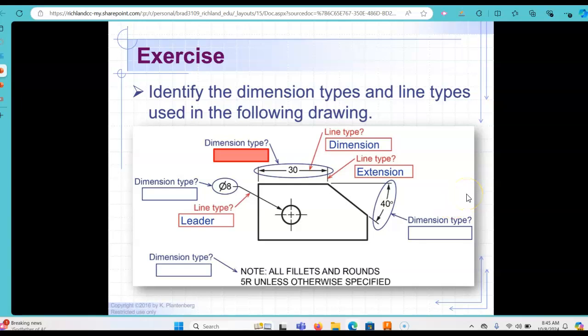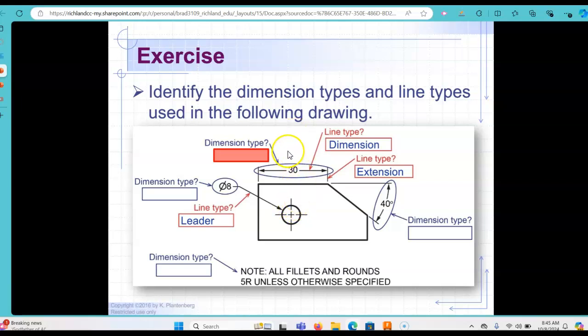Notice the leader line in this case only has one arrowhead that's pointing to the feature and actually touching the feature that it's calling out. It extends up at an angle, and then you have this little horizontal tail as well. All right, so those are our line types. You've done well at identifying those.